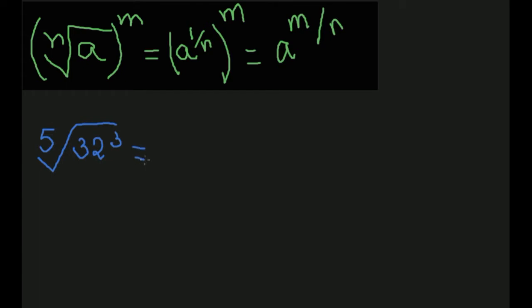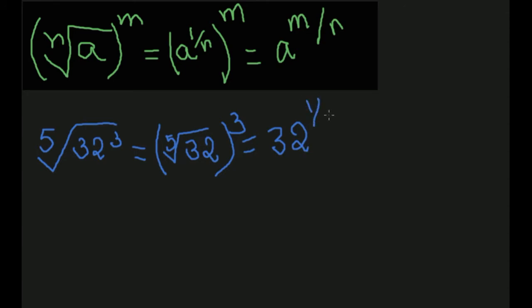So we can write this as bracket fifth root of 32, bracket close to the power 3. So we can write this as 32 to the power 1 by 5, bracket close, 3.